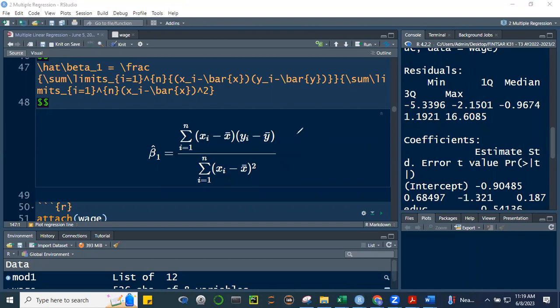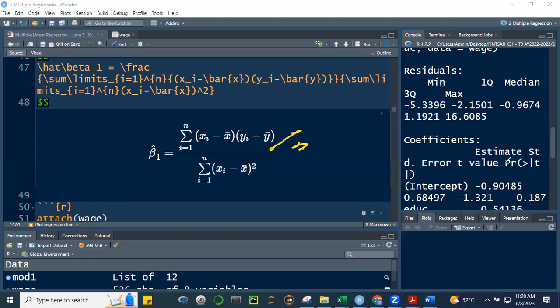This one should be divided by n minus 1.